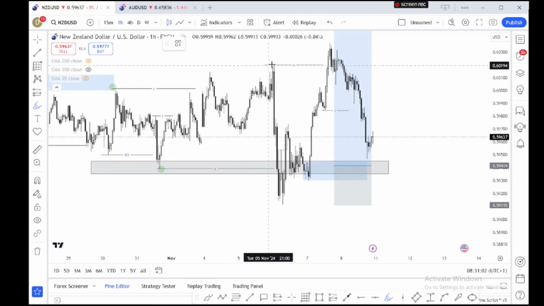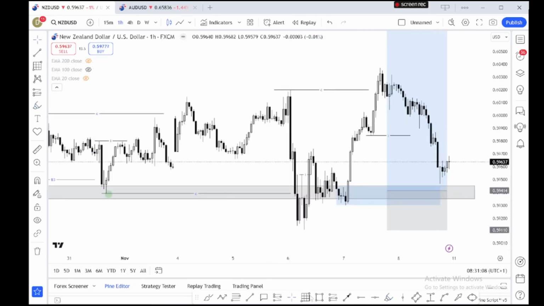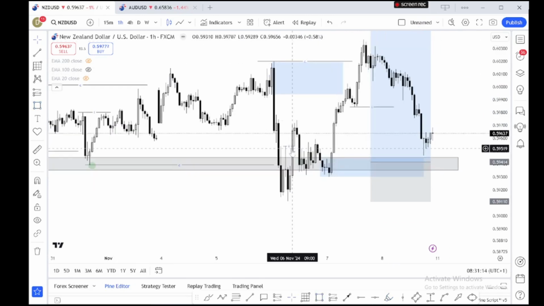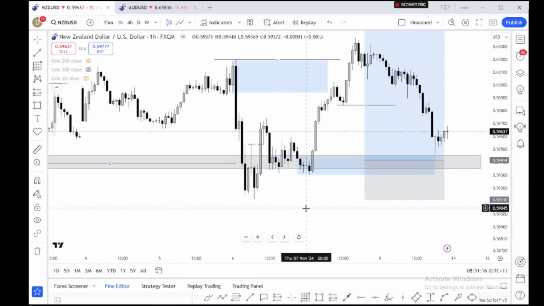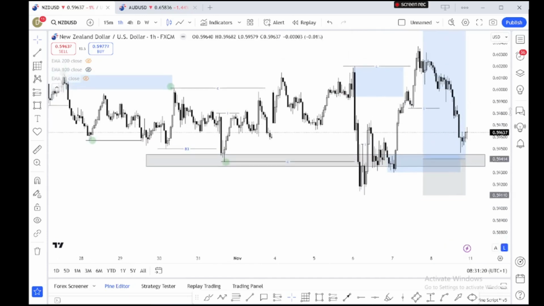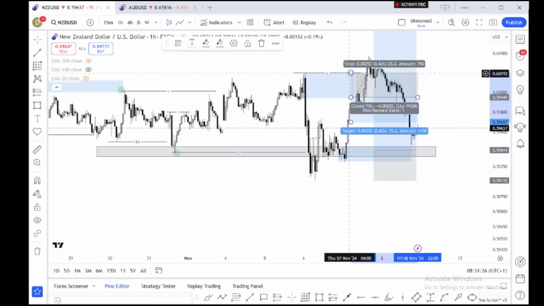This is the highest level when this market broke down, and I was able to identify my inducement. So I was looking for a sell here, hoping the market will respect this level after taking out this inducement, then probably will drop. But what happened was I had a trade here, my limit order here.